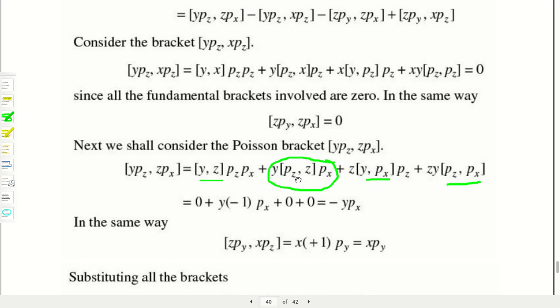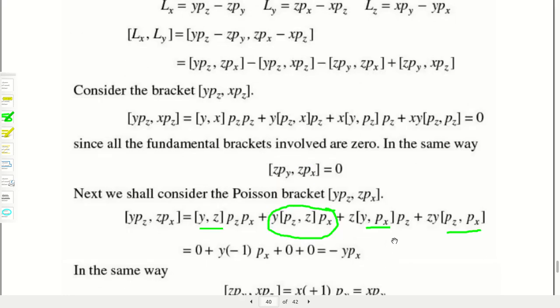So delta ii is there, but there I wrote qj comma pk. Here you can see the momentum is on the left hand side and the coordinate on the right hand side, so by the property of the commutator bracket, the sign will be reversed. So minus 1, not 1. The result will be minus 1 into ypx. Similarly, this bracket boils down to plus xpy. So the 4 brackets are deduced here.